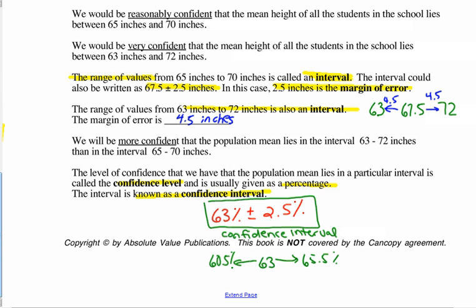So you can also write the confidence interval as 60.5 to 65.5%. The 2.5% here is what we call the margin of error. Okay, there's one more thing we're going to talk about, the confidence level, and we'll talk about that in a second. So turn to the next page.